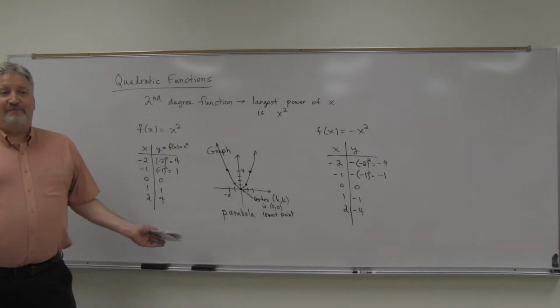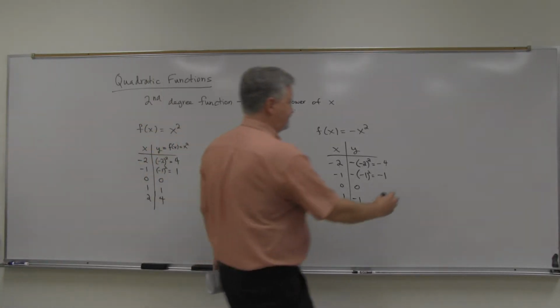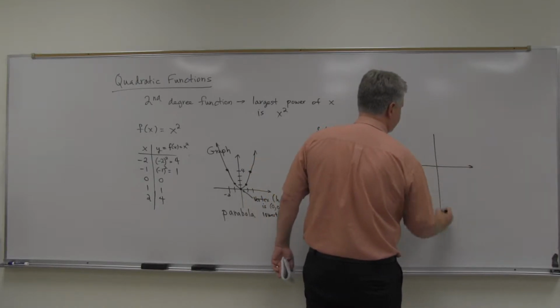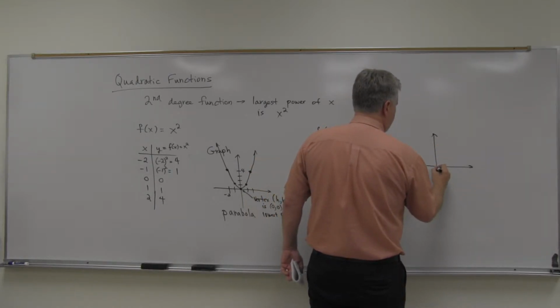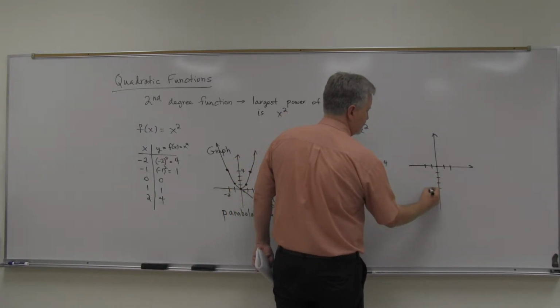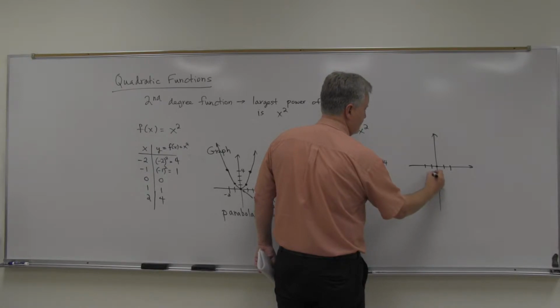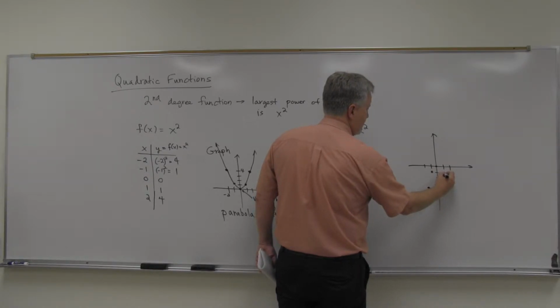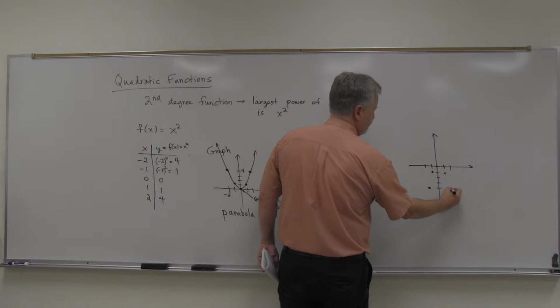So I turned all the positives to negatives. And so I've got negative 2, negative 4; negative 1, negative 1; 0, 0; 1, negative 1; and 2, negative 4.